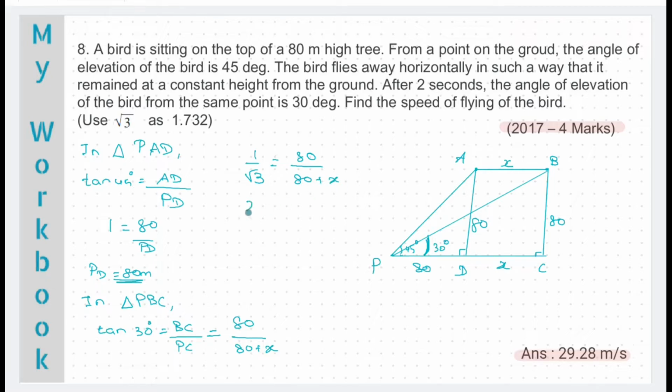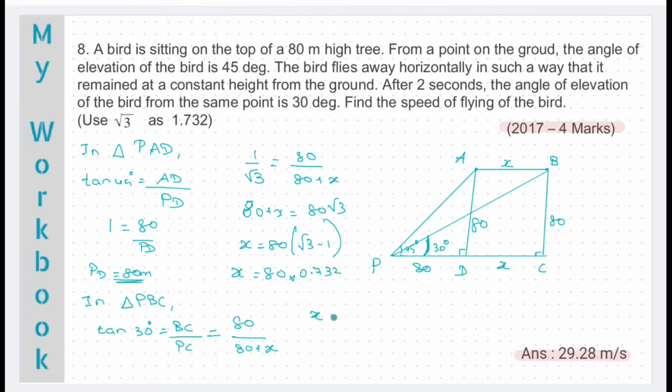So we just have to solve for x. 80 root 3. So x will be 80 into root 3 minus 1, where we use root 3 as 1.732.